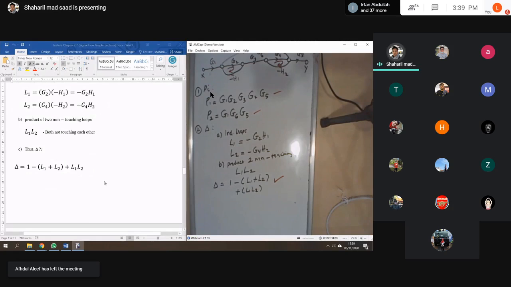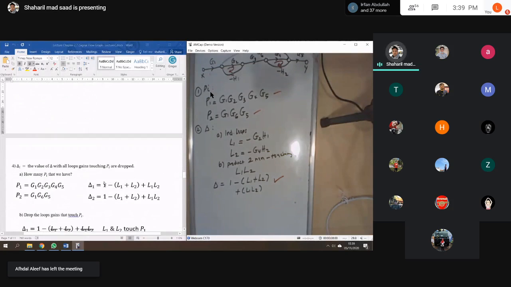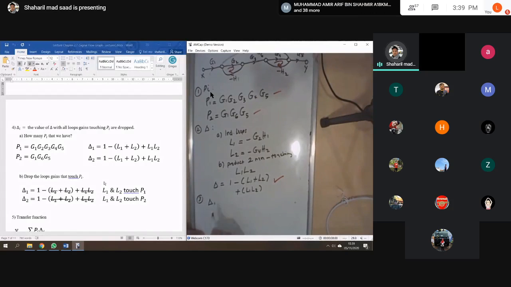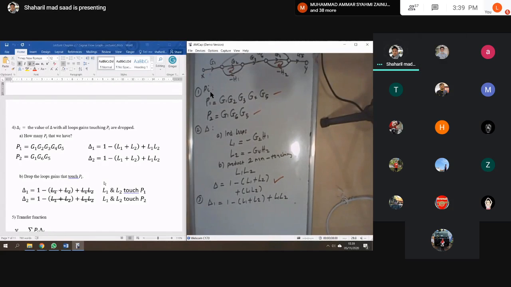And then the last one, this one that you need to drop. Okay. So number 3, you need to drop. So delta 1 is equal to 1 minus L1 plus L2 plus L1 L2. Okay, so let's check whether this one touches P1.